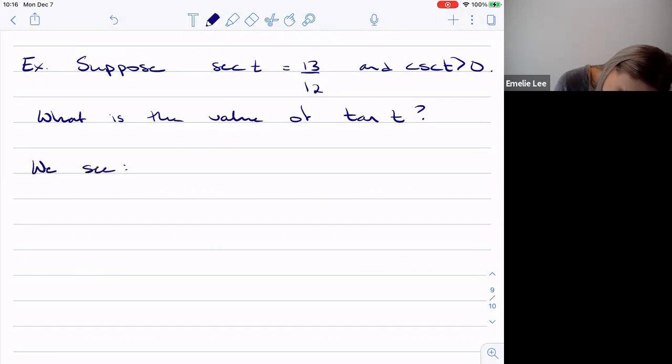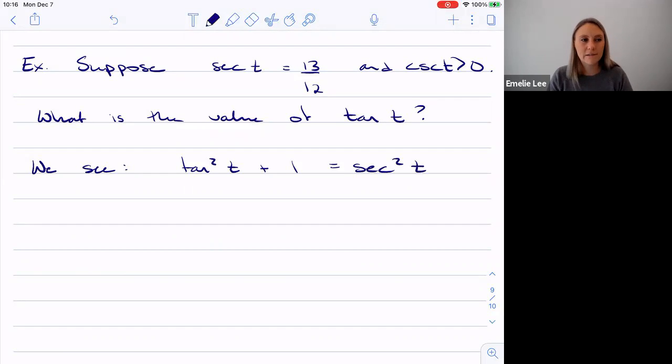If I want to find tan t, I'm going to put in secant, 13 over 12, square it, and solve for tan.